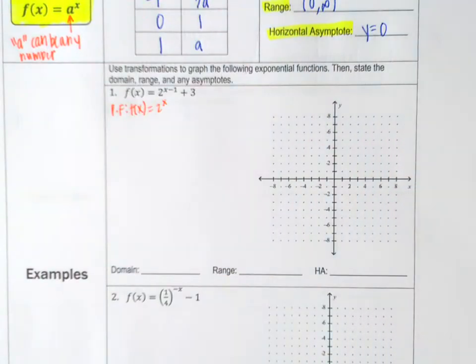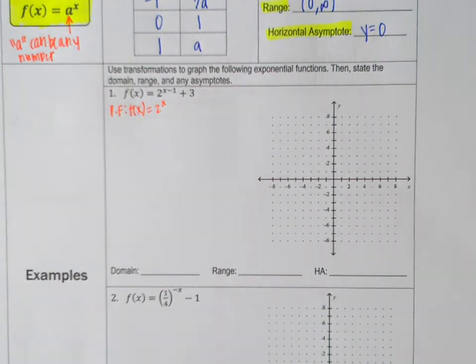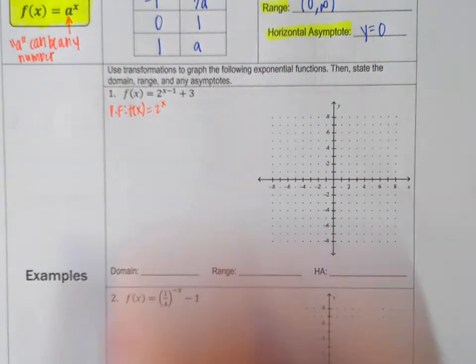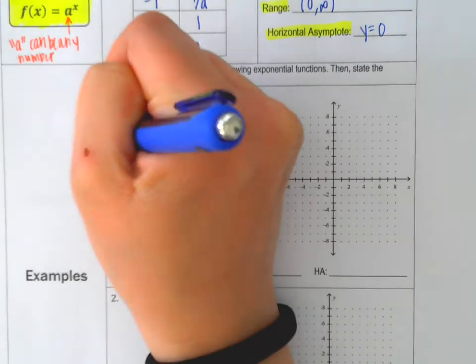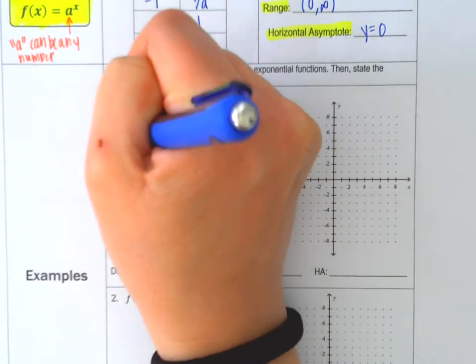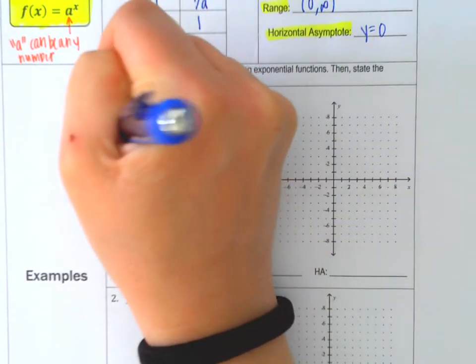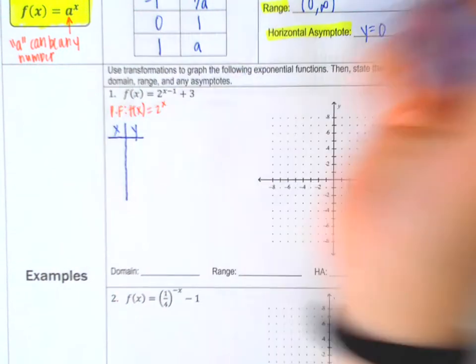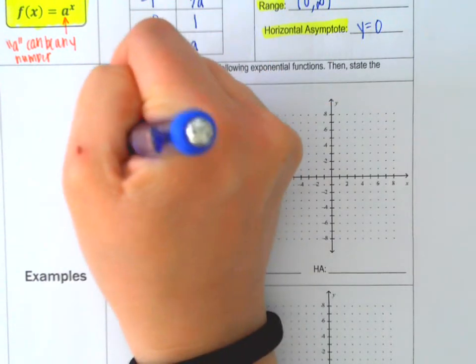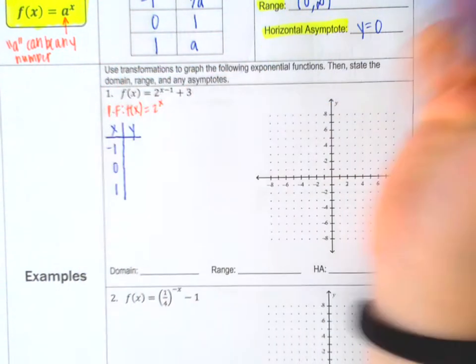So the parent function is 2 to the x power, which is going to help us figure out our first table. My x values are always going to be -1, 0, and 1.